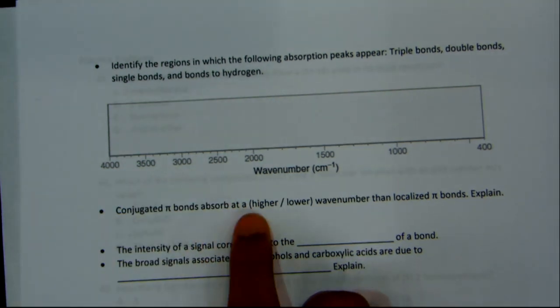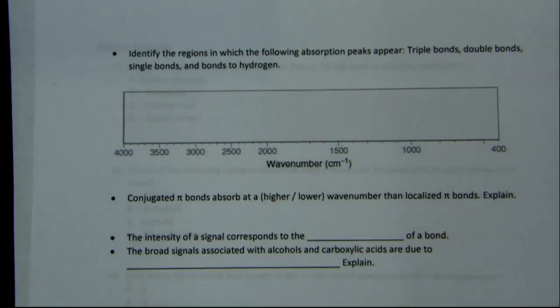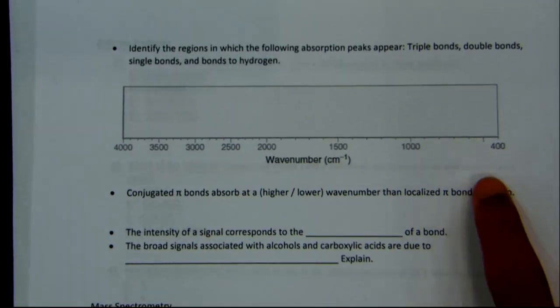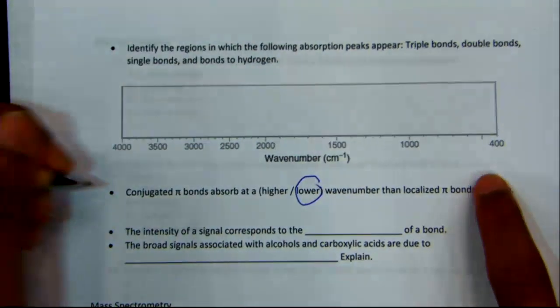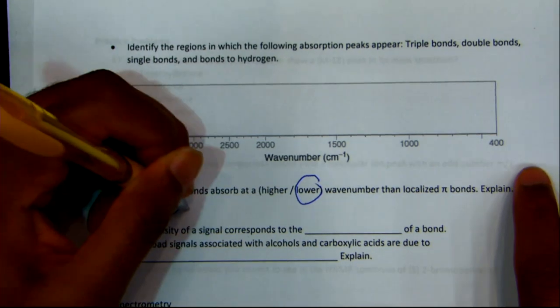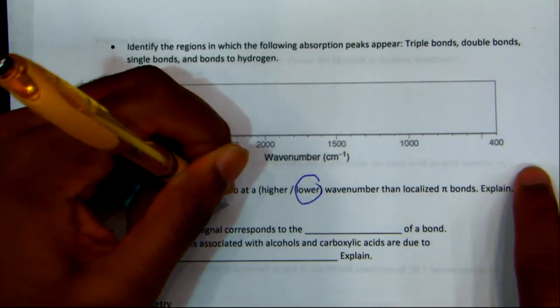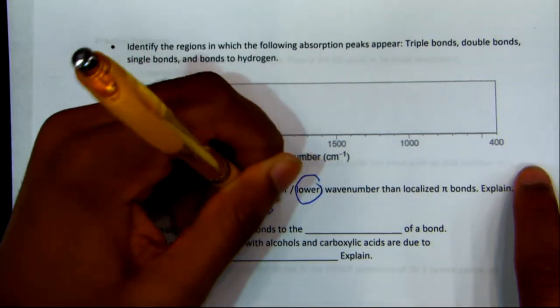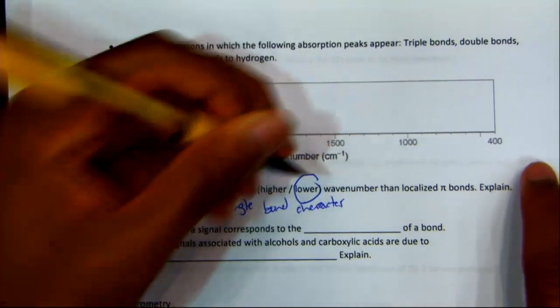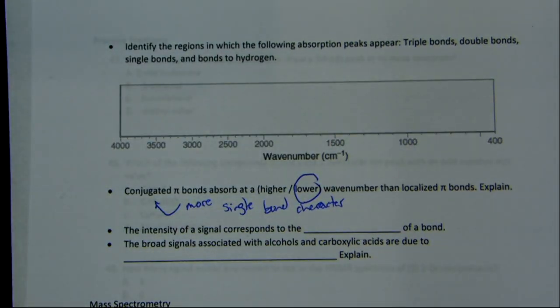Conjugated double bonds absorb at a higher or lower wave number than localized pi bonds. They actually absorb at a lower one, because they would have more single bond character. So that means they're basically more stable.